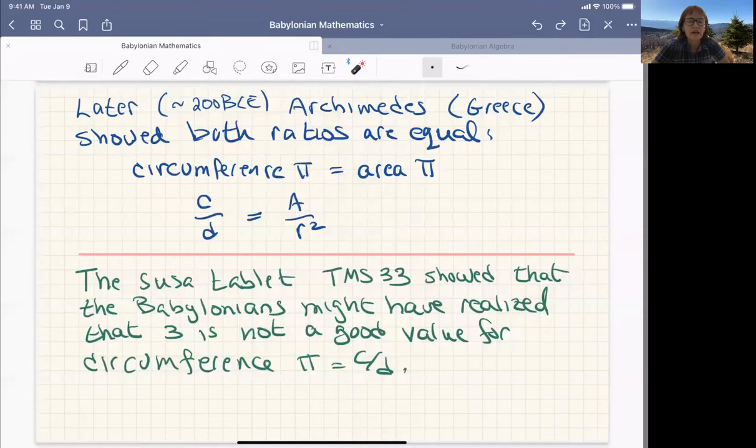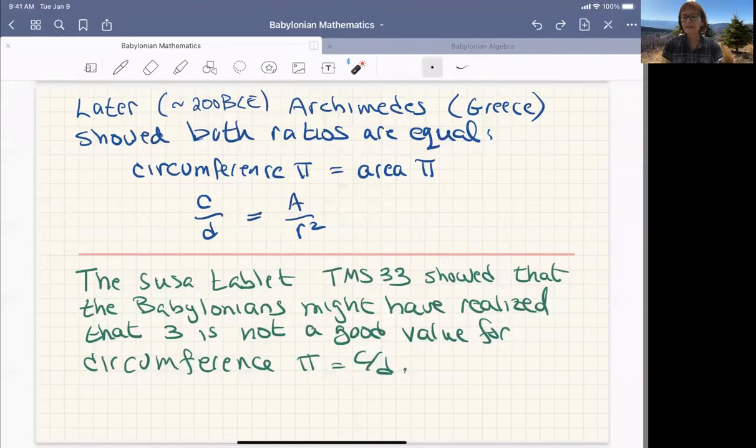So now let's look at what's on the Susa tablet. In trying to understand what's on this tablet, it appears as though they actually realized that 3 was not the best value for the ratio of the circumference to the diameter.